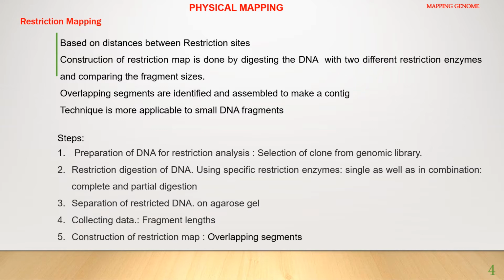The fragments are then arranged based on overlapping sequences to get the relative position of restriction sites. The main limitation of this method is that only small fragments of DNA can be used.